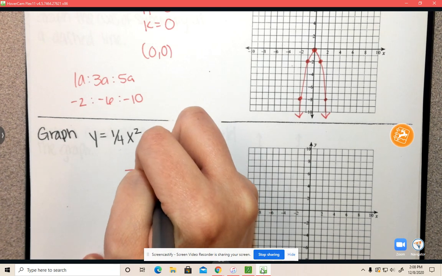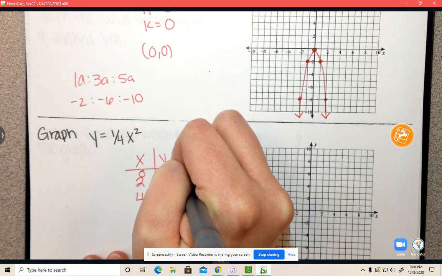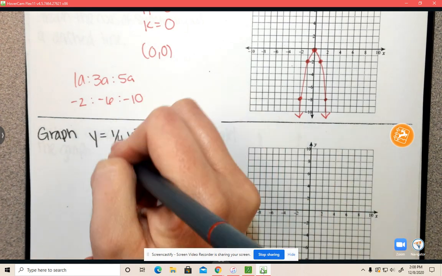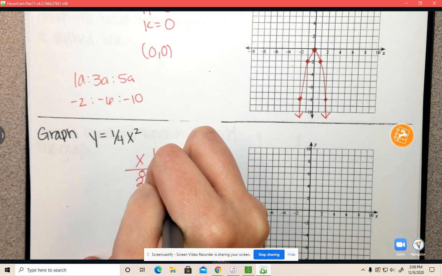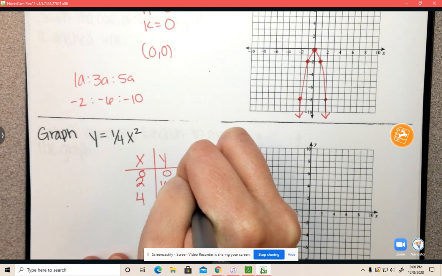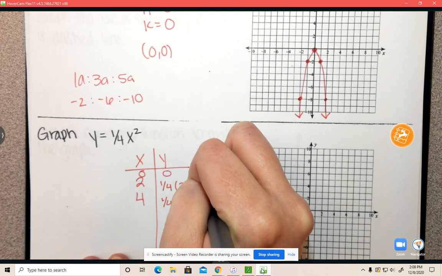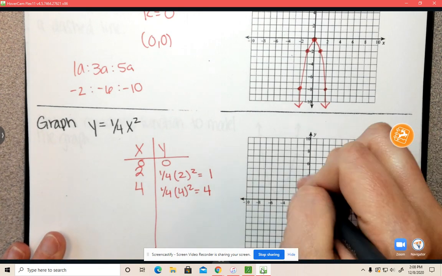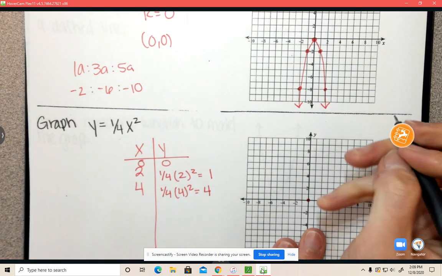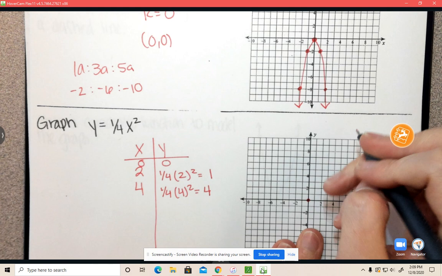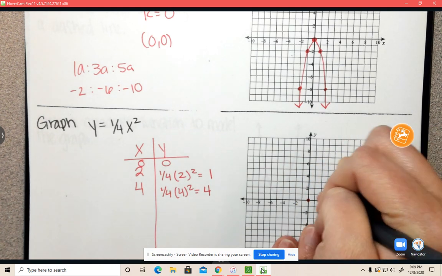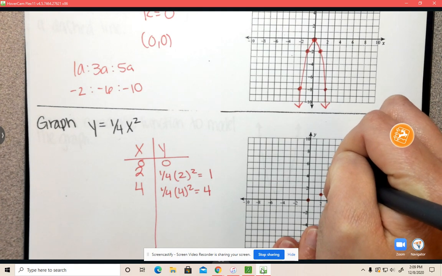All right, so 1/4 times 2 squared is 1/4 times 4 is 1. And then 1/4 times 4 squared is 1/4 of 16, which is 4. Okay? So we'll go to 0, 0, then 2, 1, and then 4, 4.